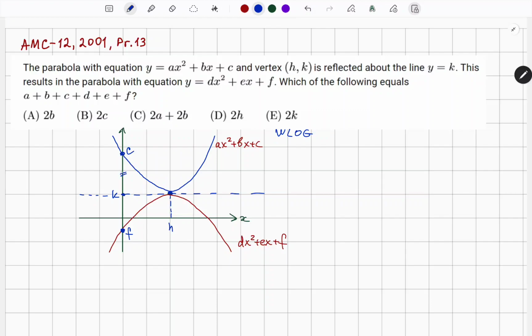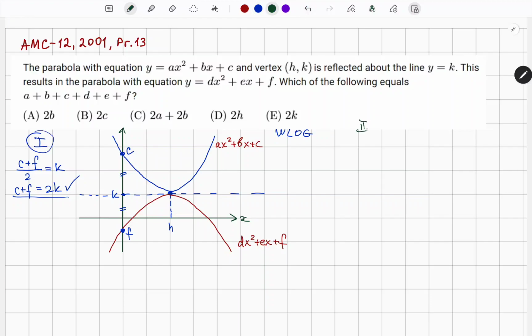What does it mean? The distance from c to k and the distance from f to k are the same. So it can be written this way: the arithmetic mean of c and f, that is the sum of c and f divided by 2, is equal to the midpoint, which is k. So c plus f is equal to 2k.